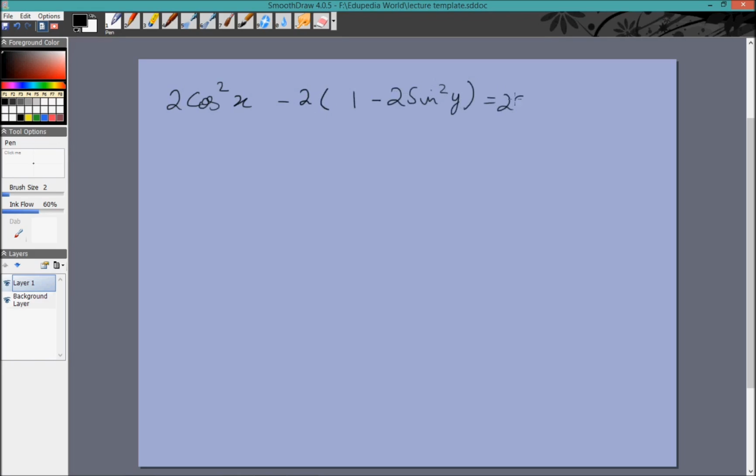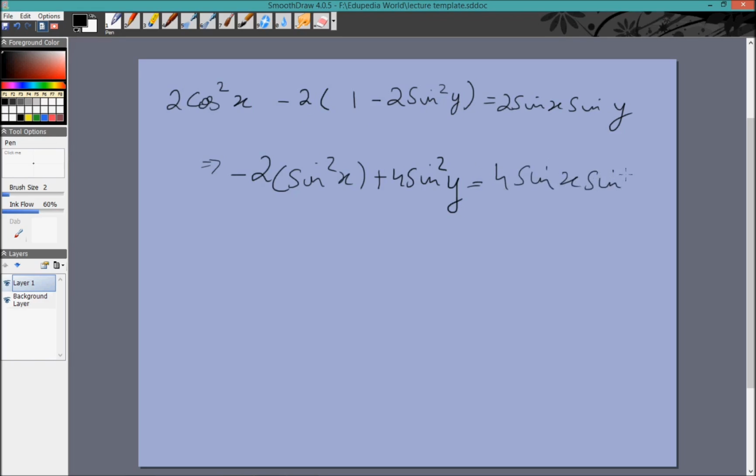This is equal to 2 sin x sin y, right? So that gives me 2 times cos square x minus 1, so minus 2 sin square x plus 4 sin squared y is equal to 4 sin x sin y.